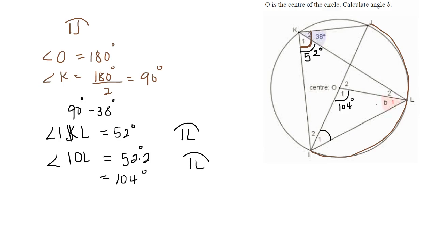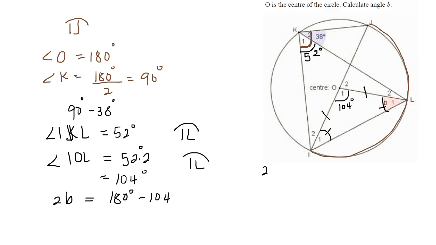Now we are ready. That means this is also B, because this is a radius, this is also a radius. So we have 2B is equal to 180 degrees minus 104.